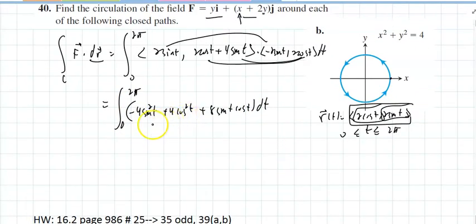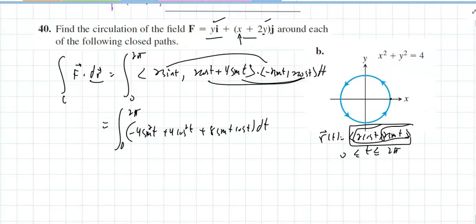Well, you could simplify this just a bit. That is, you could say this is a negative 4 into 1 minus cosine squared of t. So that is a negative 4 plus 4 cosine of t plus 4. That's 8 cosine squared of t. And if you take a 4 out of this, you're left with twice sine of t cosine of t.